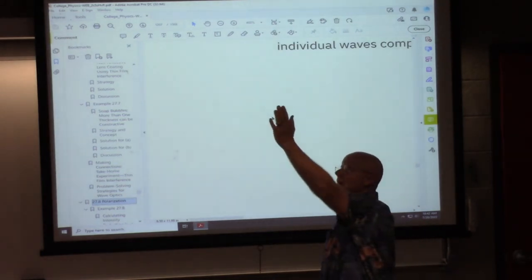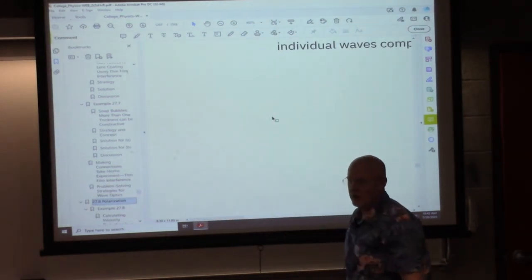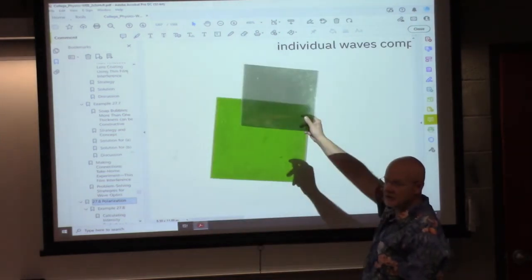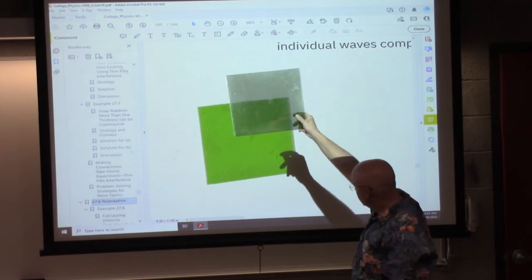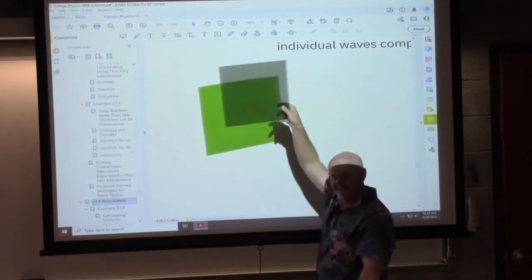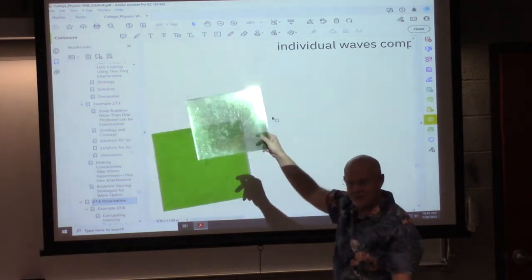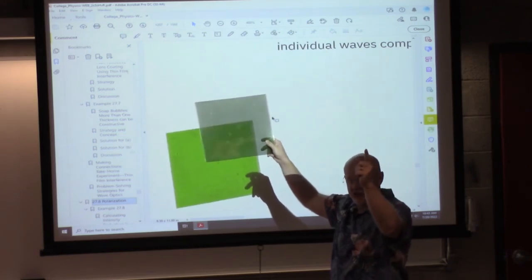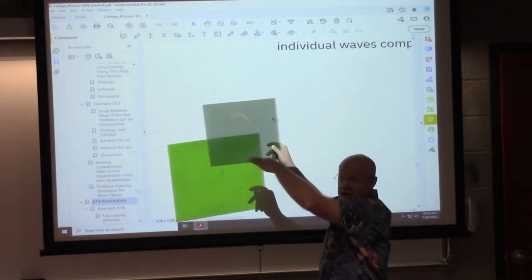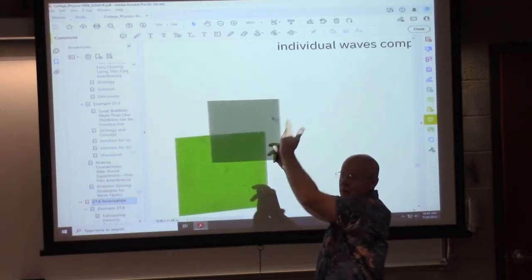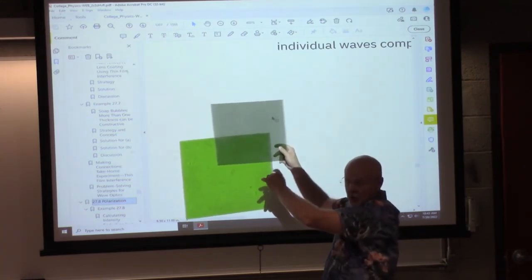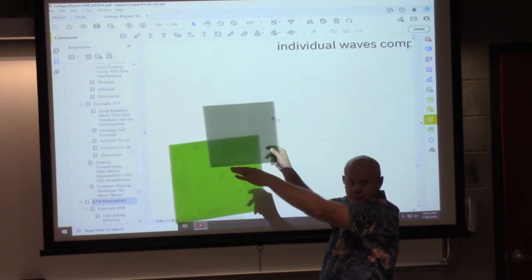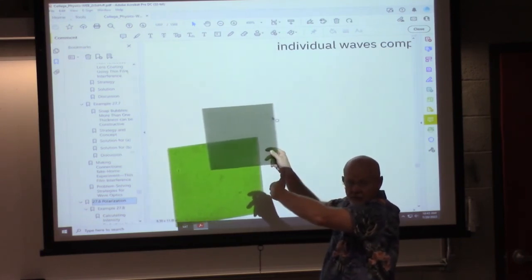And so I have red, green, and blue coming right here. What happens if I put this in front of the screen? I'm hoping you see green, because I know that the engineers have made green light horizontally polarized. They've made the red and blue vertically polarized. This sheet only lets horizontal through, blocks vertical.